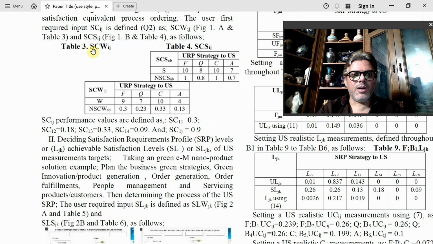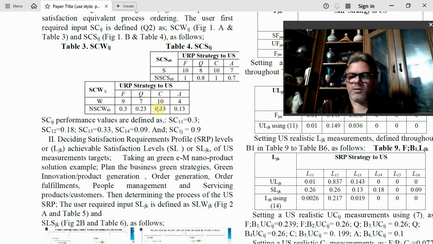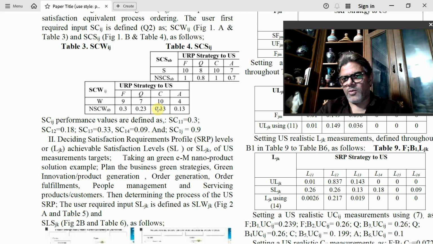Anyhow, the weights, the weight, features, quality, 9, 7. Of course, it's a 10-degree performance evaluation from 1 to 10.